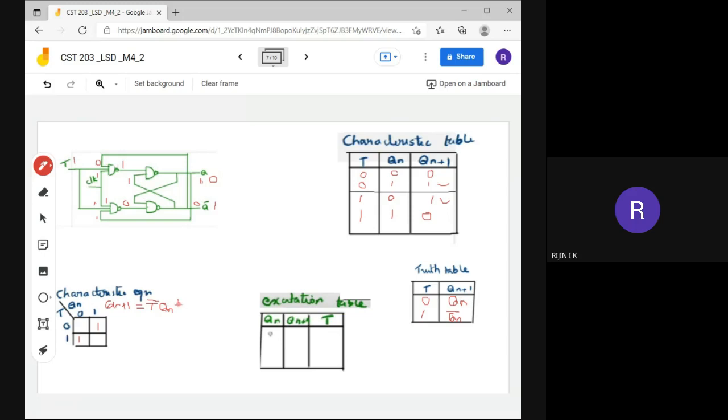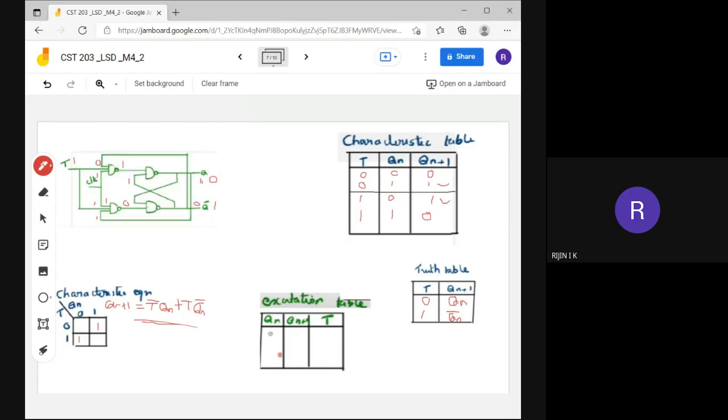Plus this one, which is T, and here Qn is 0, so it is T Qn bar. This is the characteristics equation corresponding to the T flip-flop. That is, Qn plus 1 is equal to T bar Qn plus T Qn bar.